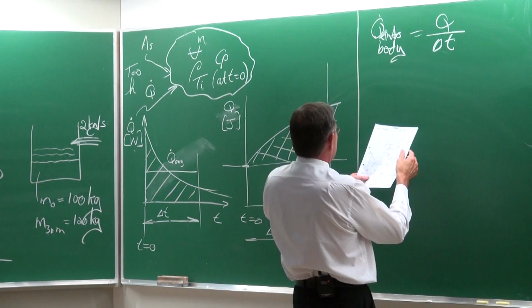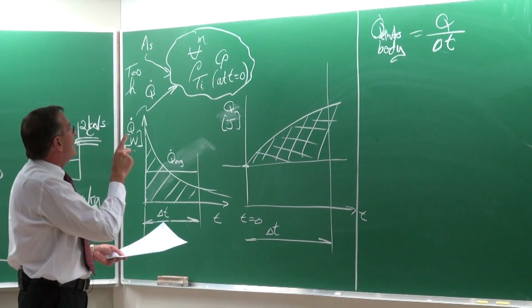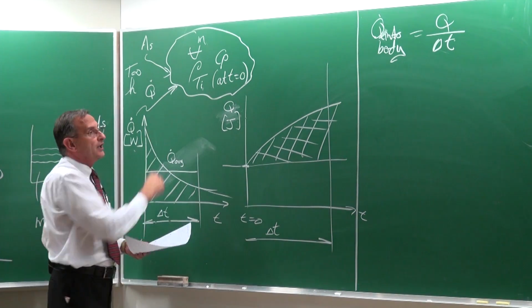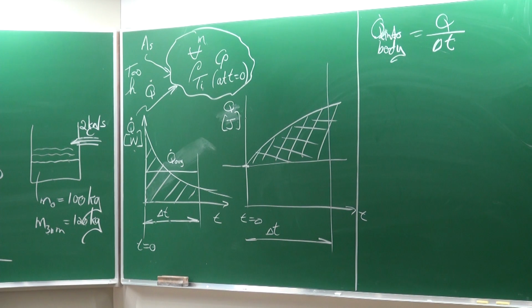Right, so now if we look at the heat transfer rate into the body, it was by convection heat transfer. You've done in chapter 1 the 3 different types of heat transfer: conduction, convection, and radiation.